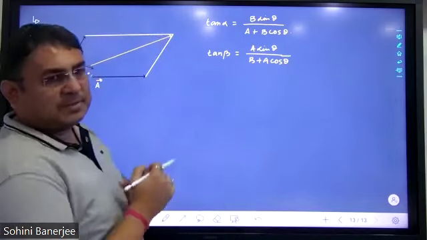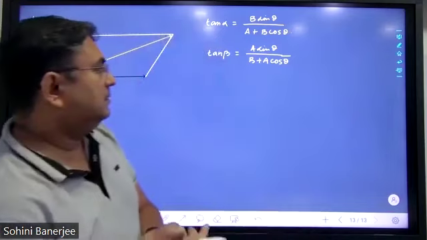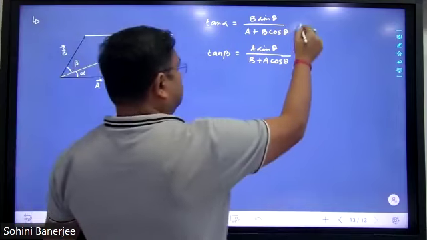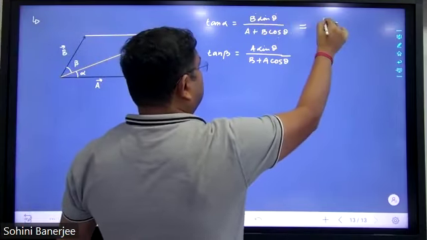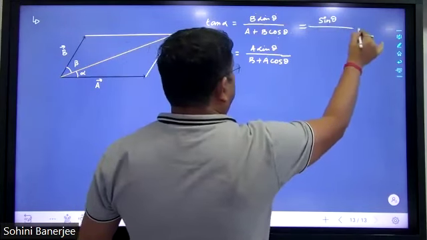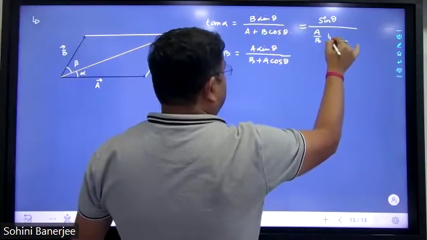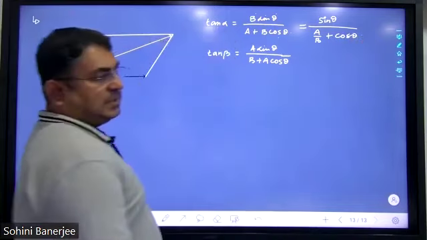A sin theta by B plus A cos theta. Clear? Now, I divide this numerator and denominator both by B. So it becomes sin theta by A by B, by cos theta plus cos theta.